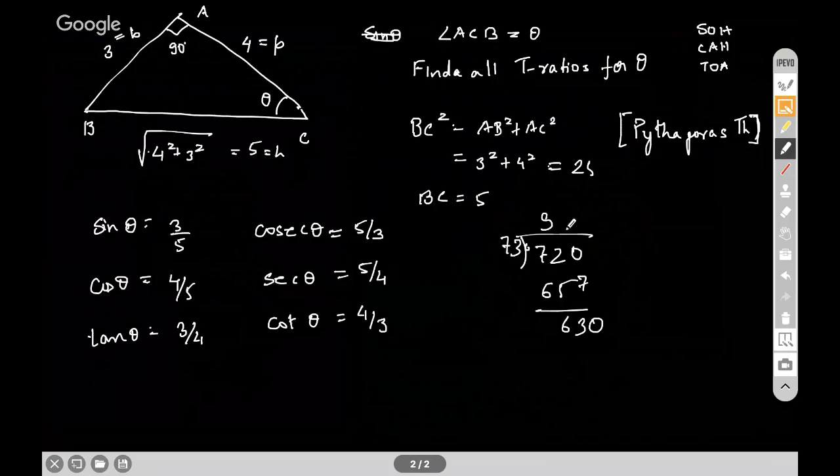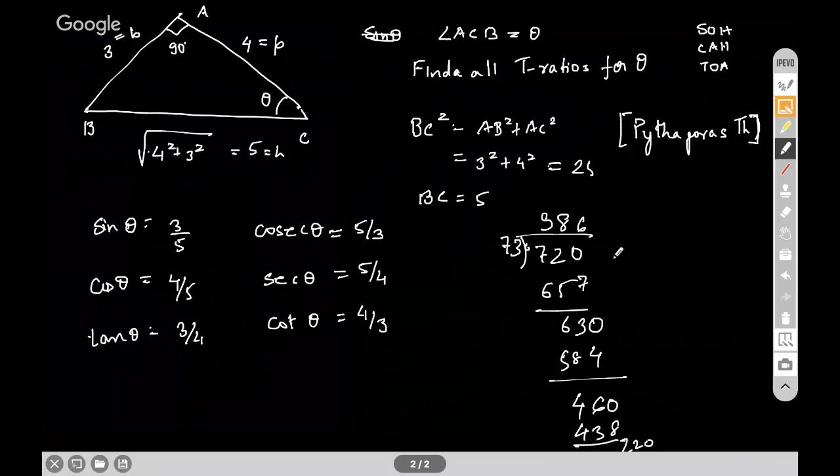So it is, I think, 8 times. 8 3s are 24, 56, 58. Yes, so 6 and then 46. Right, and then 460. So hence you have to do one more time. 73, 6 times, right? So it is nothing but 22.